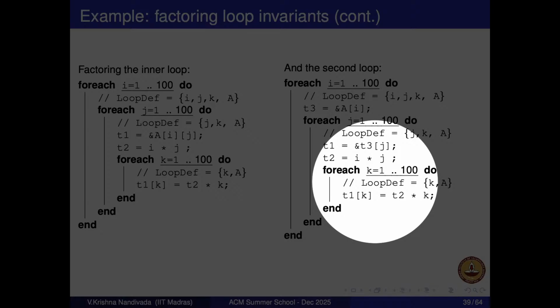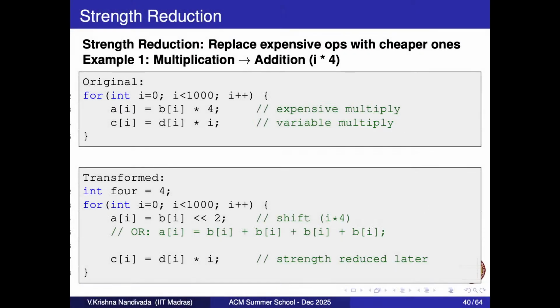Now that 1 million is poof. 1 million multiplications are gone, all by doing what Jayashree said, strength reduction. So now is there a method to the madness? Yes, there is. We will spend some time on that. But let's look at a few more such examples of strength reduction.